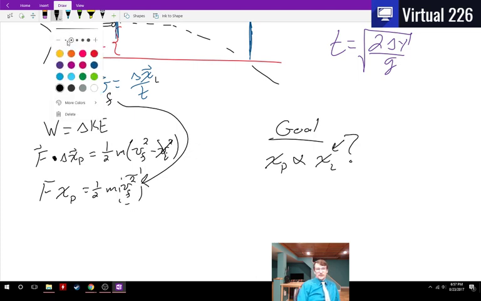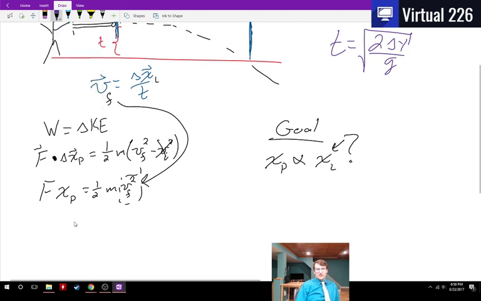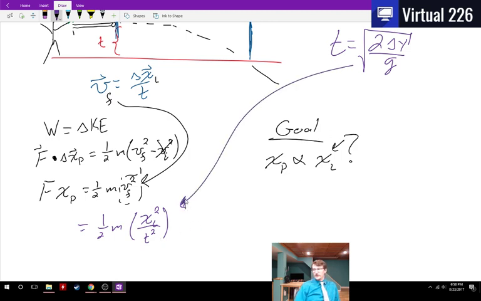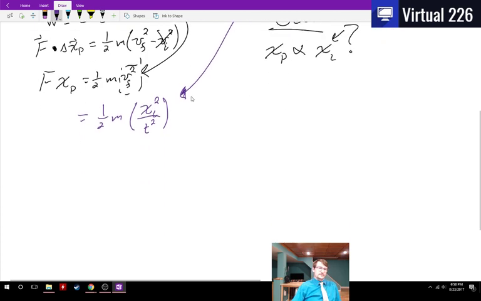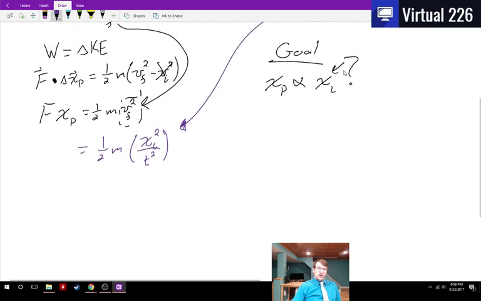In doing so, we yield ourselves with 1/2 m, and then we get xl squared over t squared. So that becomes a helpful thing right there. I'll leave that algebra to you, but in the end, you can figure out some interesting stuff in terms of what this proportion right here should actually be.